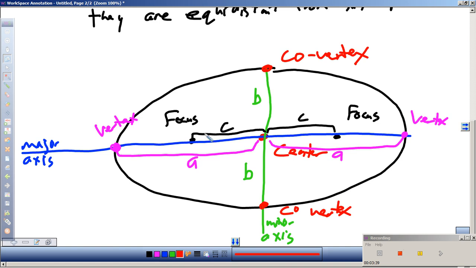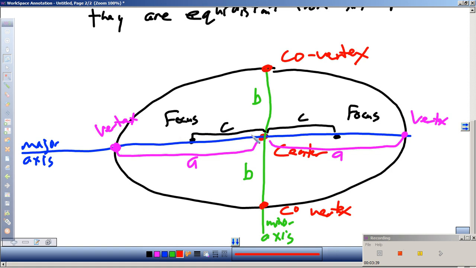Is the green one the minor axis? Yes. Does 2C equal A? No, because A goes all the way to the vertex, and C does not go to your vertex. And this is not necessarily twice the distance.